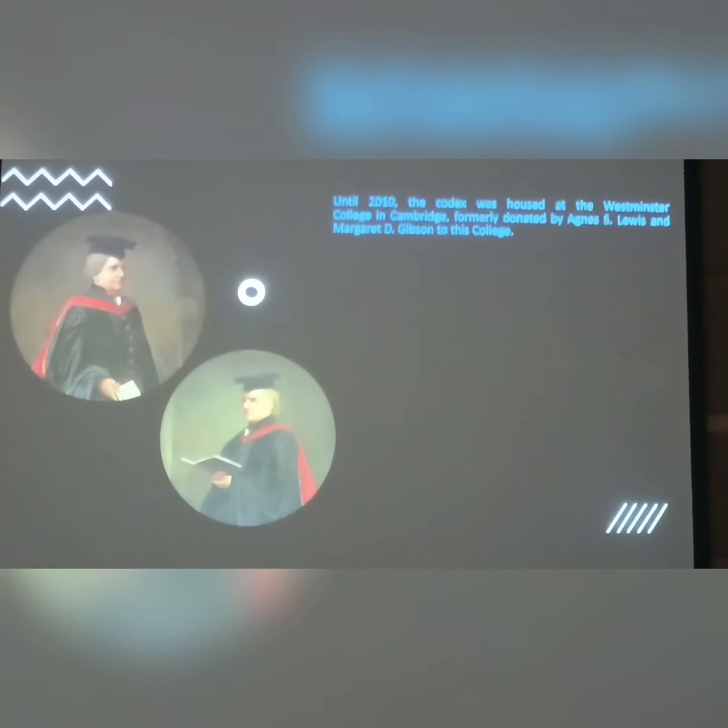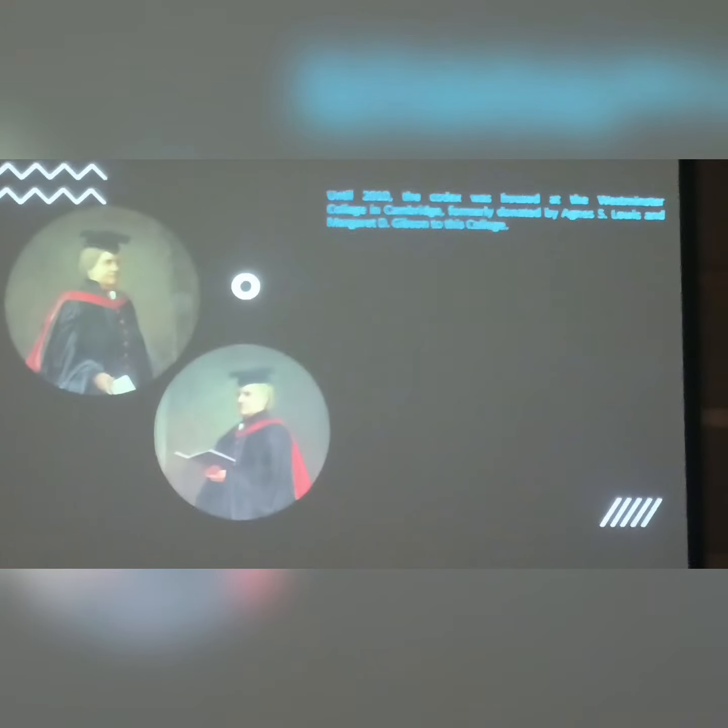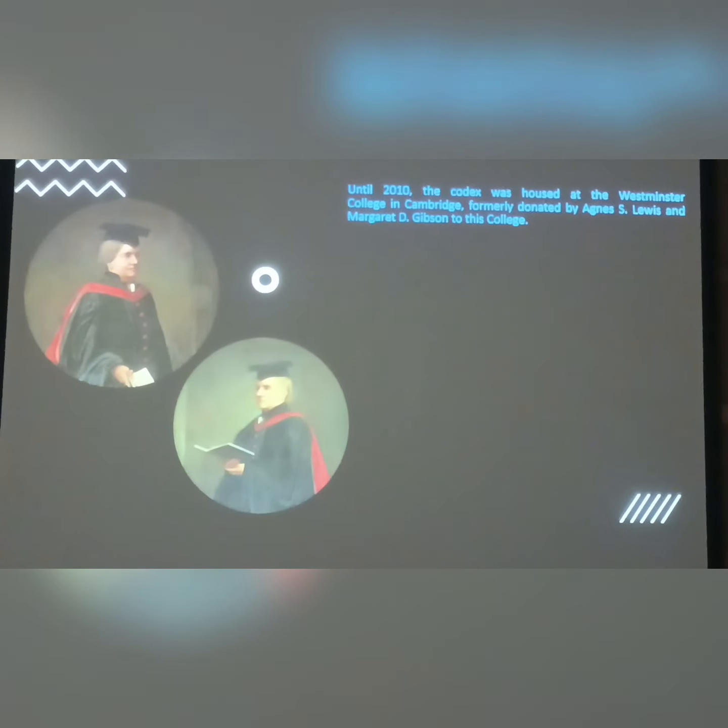So until 2010, this codex was housed at Westminster College, and it was donated by Agnes S. Lewis and her sister. These two sisters are also called the Westminster sisters, they were Bible scholars.